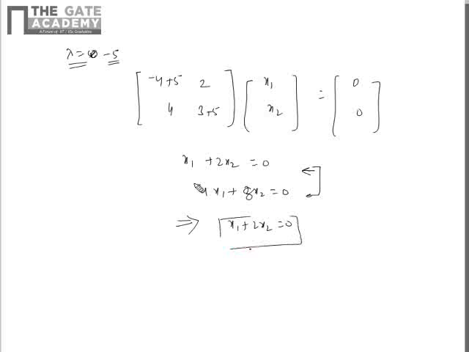Now I can actually see which of my options satisfy this. Option C is 2 minus 1, which will satisfy this.